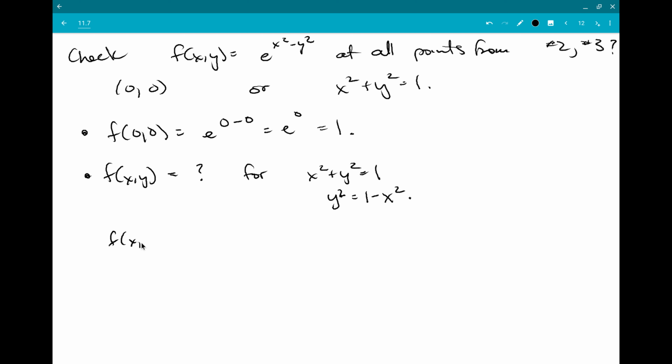So then f of x,y, which is e to the x squared minus y squared, is e to the x squared minus 1 minus x squared, or it's just e to the 2x squared minus 1 when I simplify this equation. And all that happened here was I took the y from my f of x,y and replaced it with the y that shows I'm currently on the boundary.